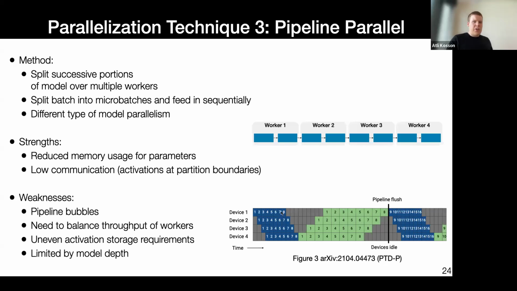Or if you have microbatches that are sufficiently long that you stop processing the backwards pass before you run out of microbatches, which I'll show on the next slide. And yeah, this is limited by the model depth. If you don't have many blocks, you can only divide this into as many workers as you have blocks. Beyond that, it doesn't work.